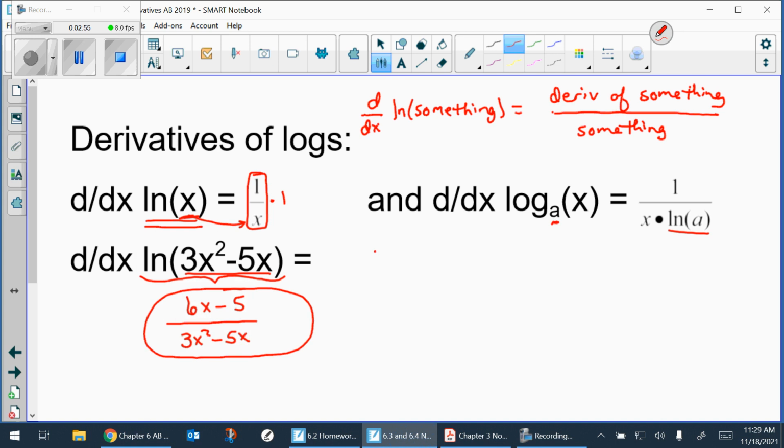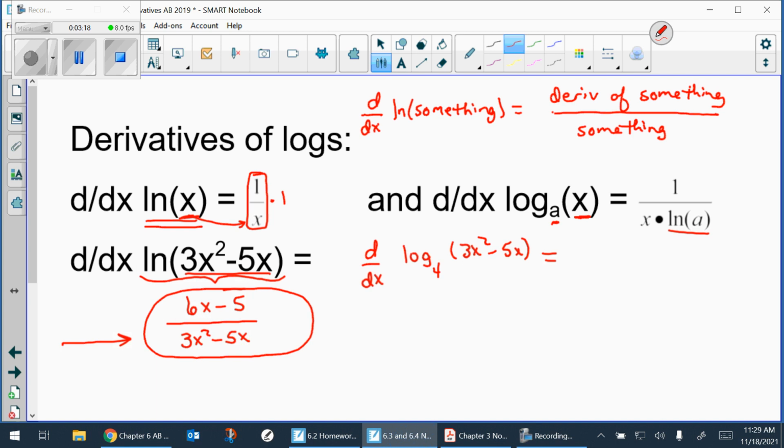So what if we wanted the derivative of the log base 4 of 3x squared minus 5x? We're going to do the exact same thing we did over here.